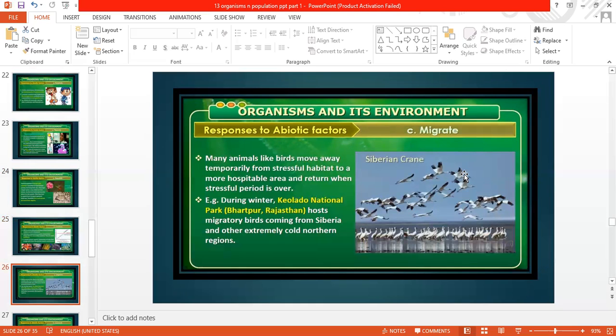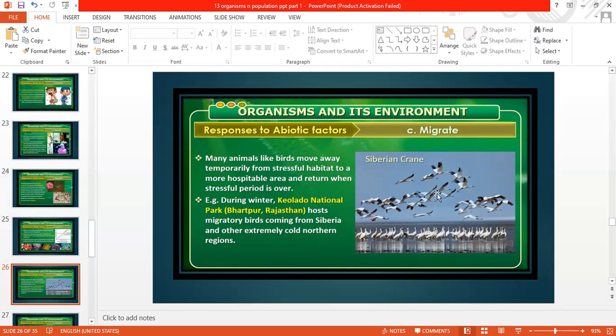Now, students, if the stressful conditions are localized or remain only for a short duration, then organisms have two other alternatives for survival, and that is migrate and suspend.